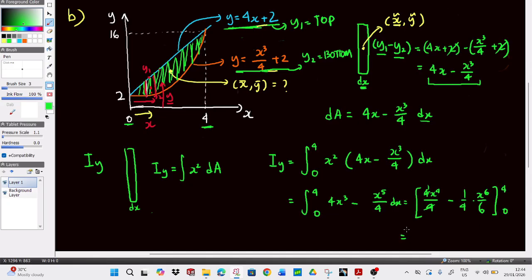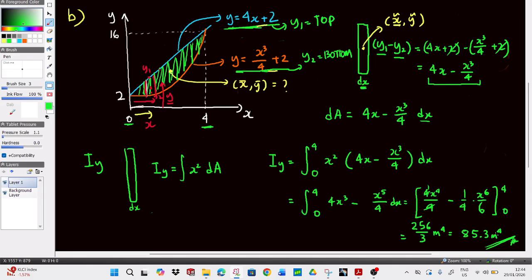Your answer becomes 4 to the power 4 minus 1 over 4 times 4 to the power 6 over 6. So it becomes 256 over 3 meters to the power of 4, or in decimal, 85.3 meters to the power of 4.